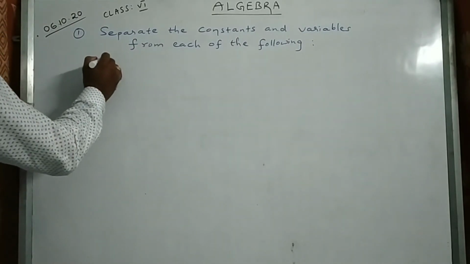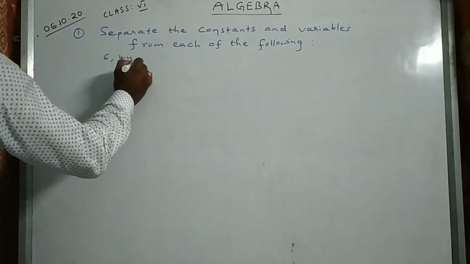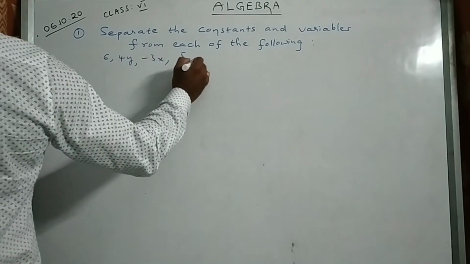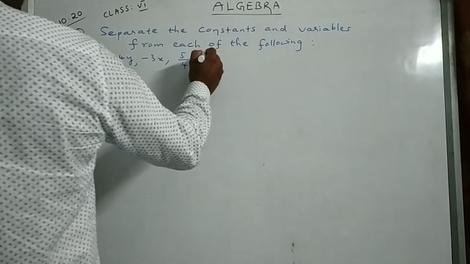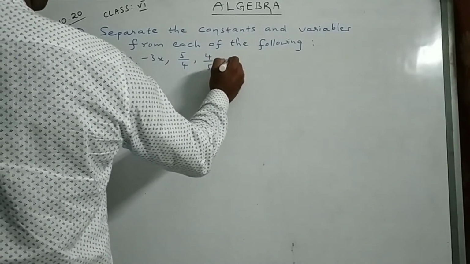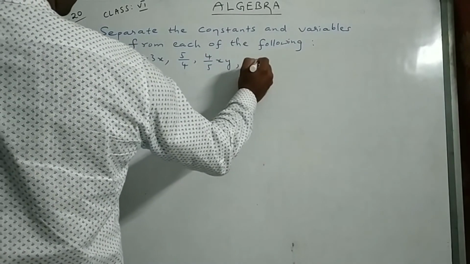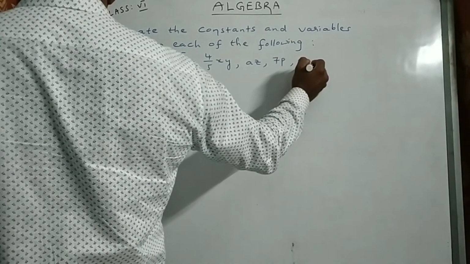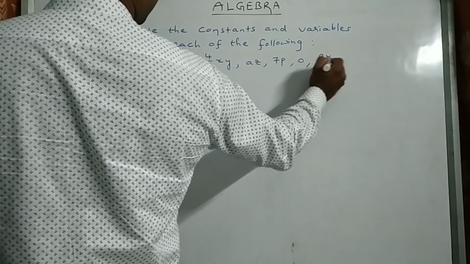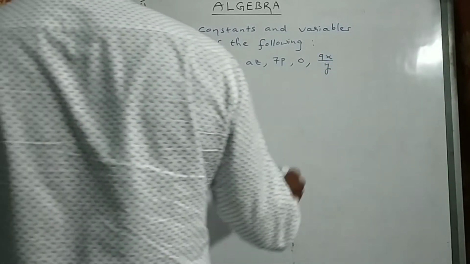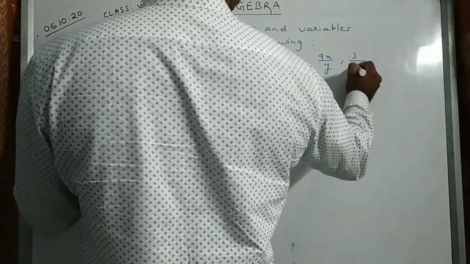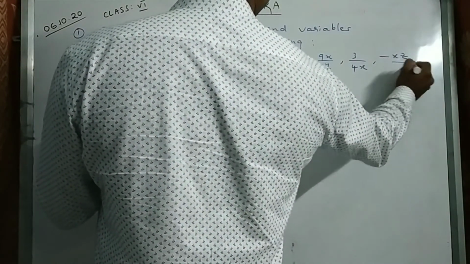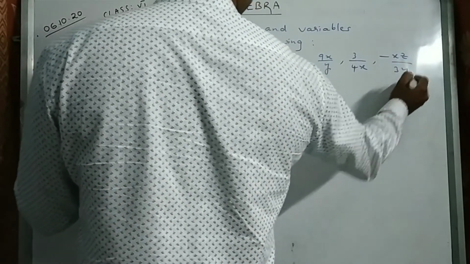See, 6, 4y, minus 3x, 5 by 4, 4 by 5 xy, az, 7p, 0, 9x by y, 3 by 4x, minus xz by 3y.